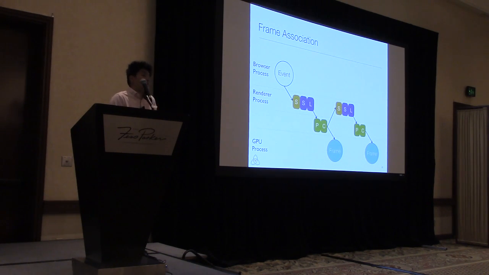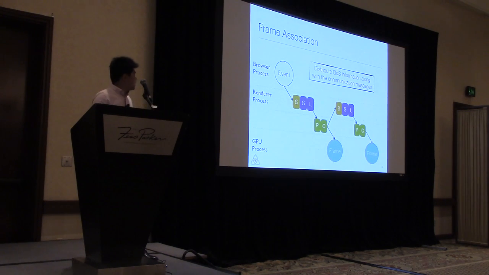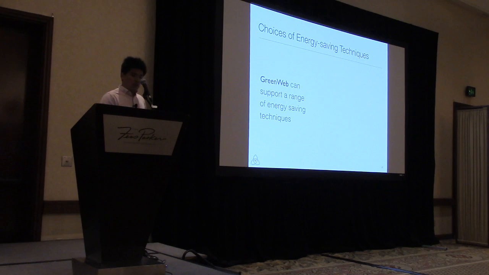At that point, we've identified all the frames associated with a particular input, and then we can propagate the QoS information along these communication messages, and that's how we assign QoS information to each frame. It looks straightforward, but it really requires us to understand these internal working mechanisms to be able to do the frame association. Now, once we're done with the frame association, the next step is to figure out how to actually deliver those frames while saving energy.